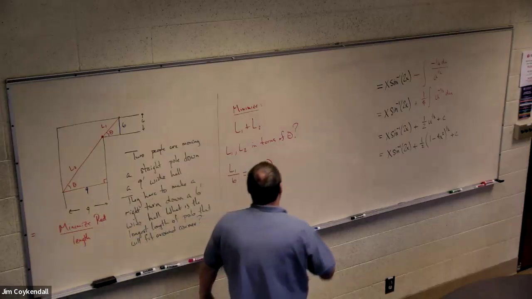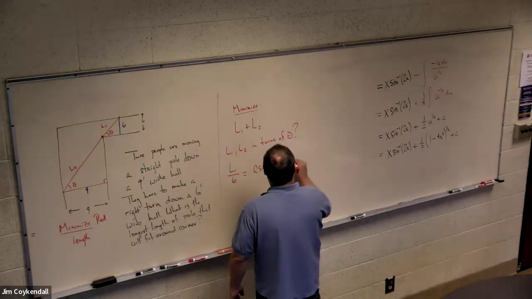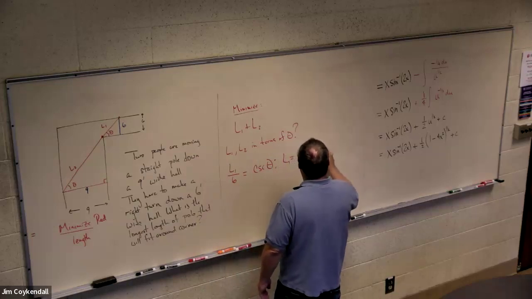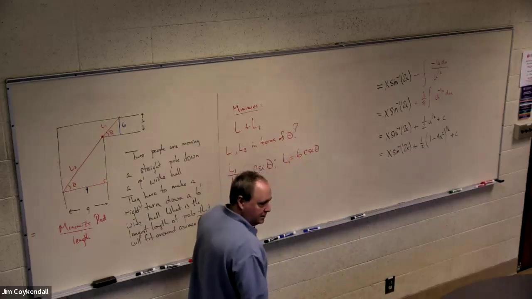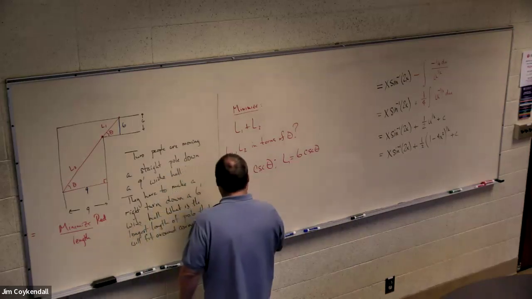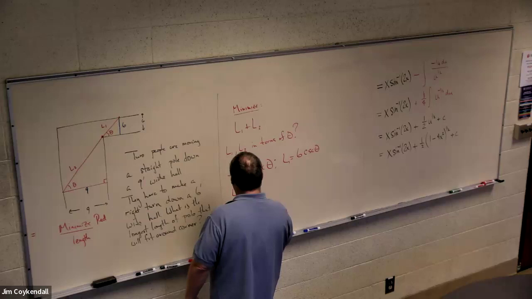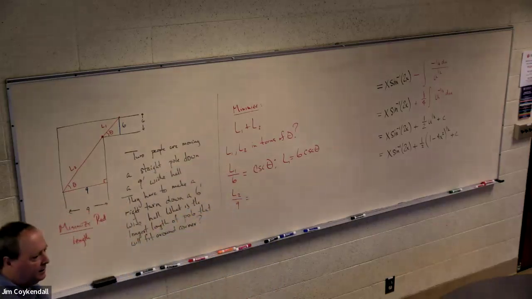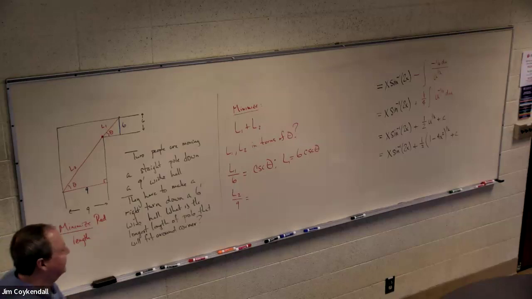So, in particular, L1 is 6 cosecant theta. Correct. Same kind of trick. L2 over 9. What's that? That's going to be the secant.